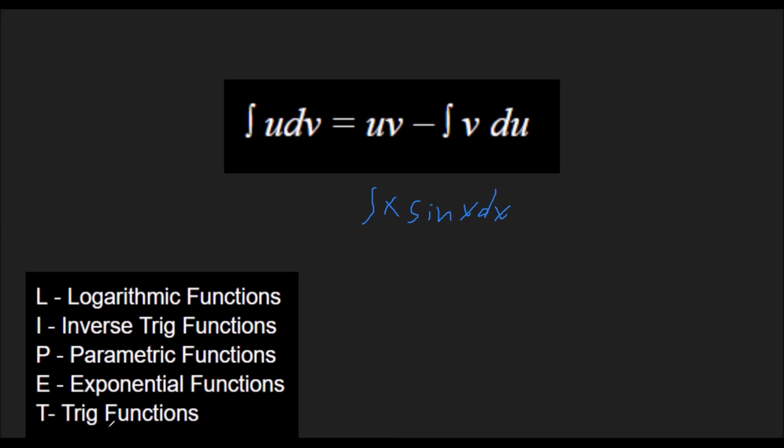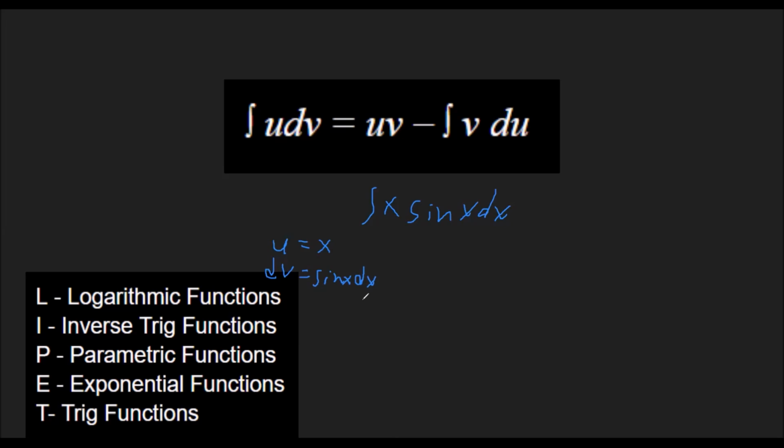Sine x is a trig function, so we are not going to assign that u. X is technically an algebraic function, so we're going to allow x to be u, and dv is going to be equal to the rest of the integral. So sine of x dx, you must include that.